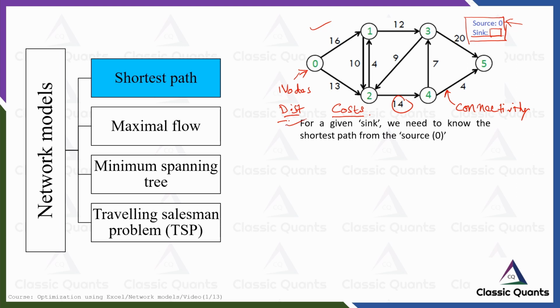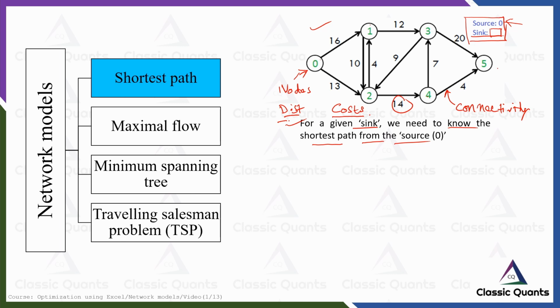That is what is written here. For a given sink, we need to know the shortest path from the source. So we need to derive a path from 0 to the sink. What is the sink? That will be given to you. It can be 4, it can be 3, or 1, 2, 5 also. Whatever it is, our job is to find the shortest path from 0 to that node.